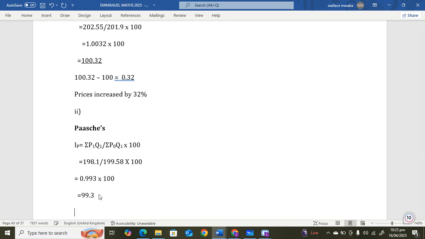So compared to the base here, 99.3 minus 100, what do we get?